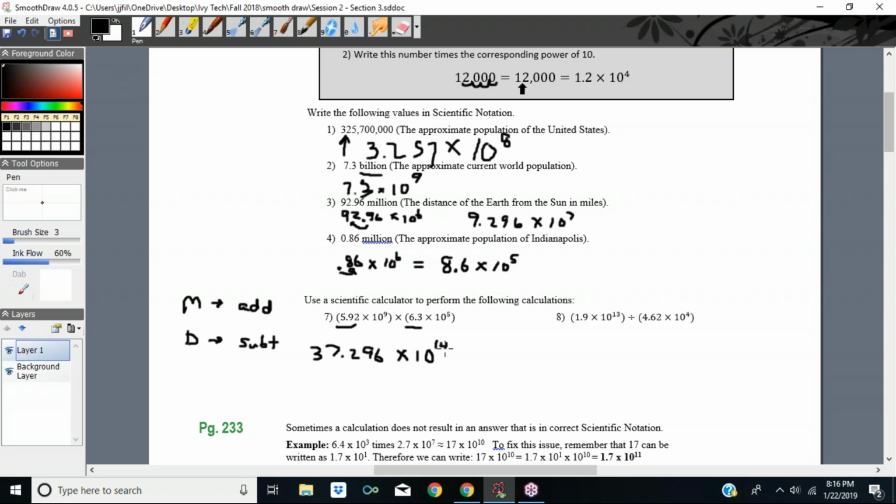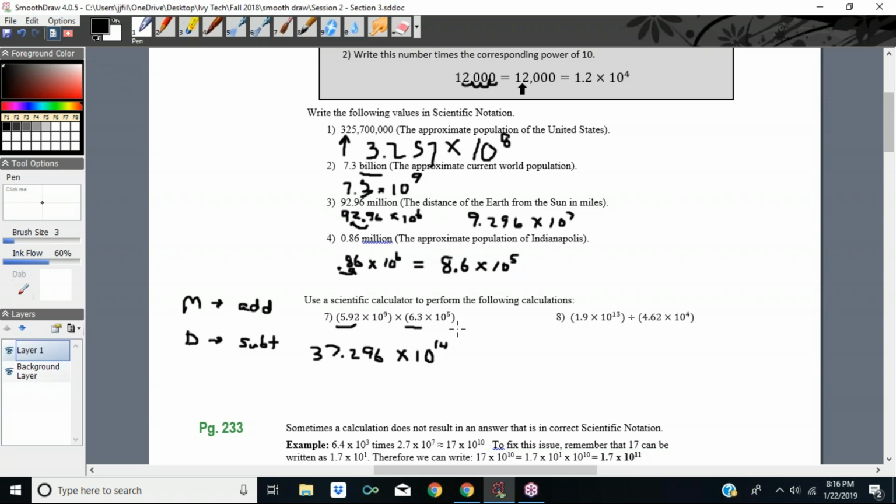And there are two things on this that we want to make sure that we understand. One of them is that it's not in scientific notation because there are two numbers to the left of the decimal. And the second thing is that when we're multiplying and dividing in scientific notation, the number of digits in our answer has to match the least number of significant digits in the problem.